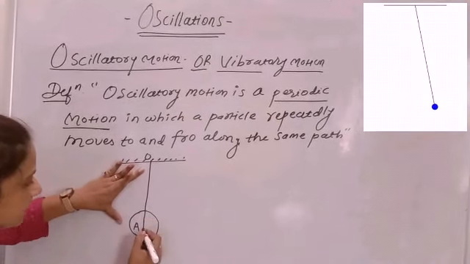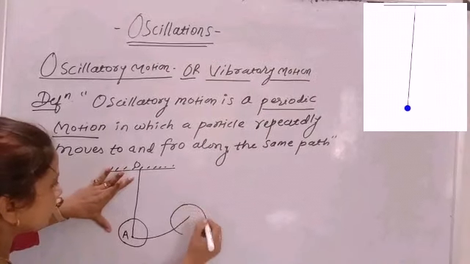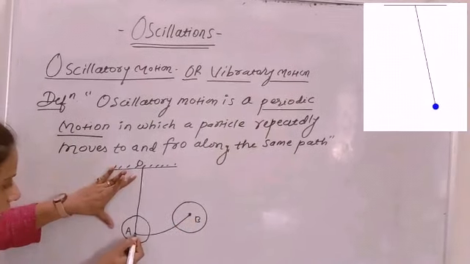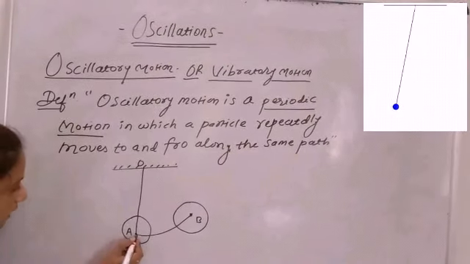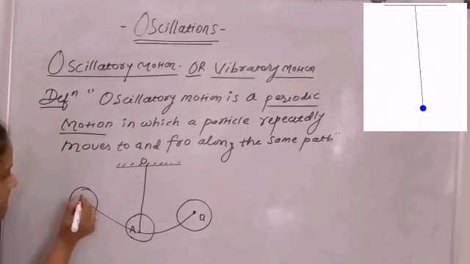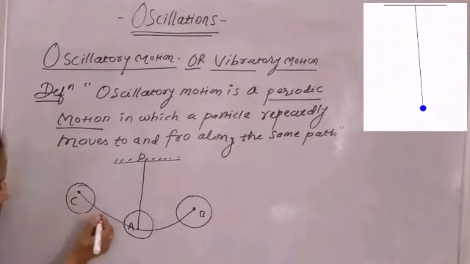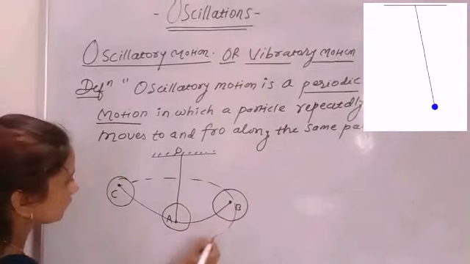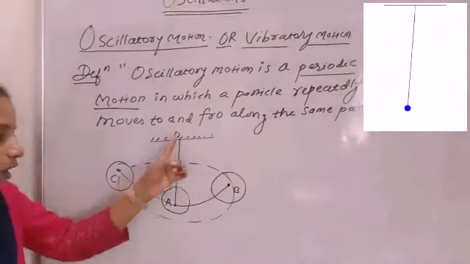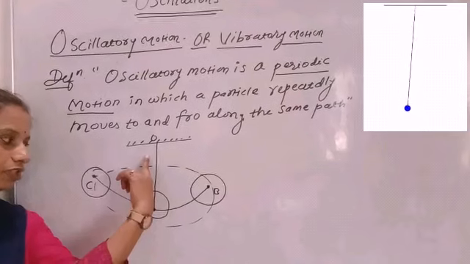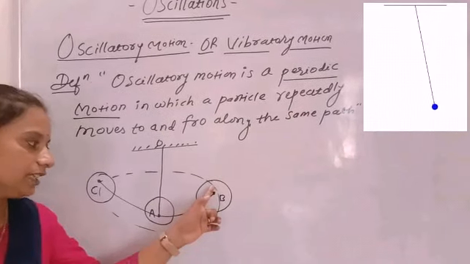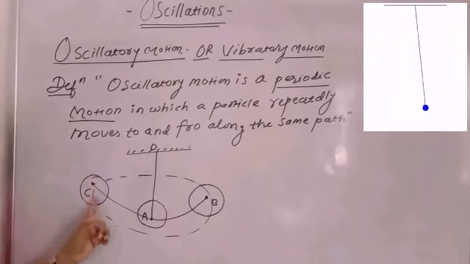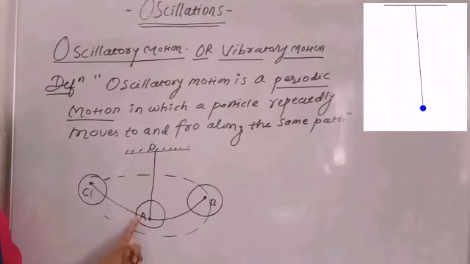Now, if this bob is released, it moves here to the position B. Now from B to A, and then again this bob moves from A to C, and then again it goes from C to A. When this bob moves from its equilibrium position from A to B, then B to A, again from A to C, and then C to A, it completes one oscillation.